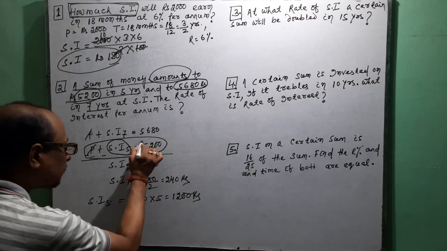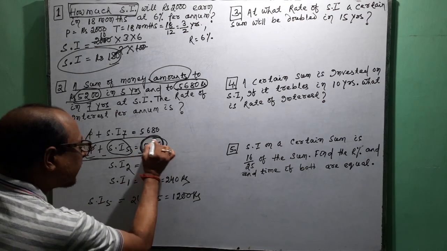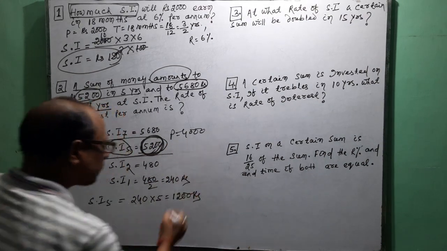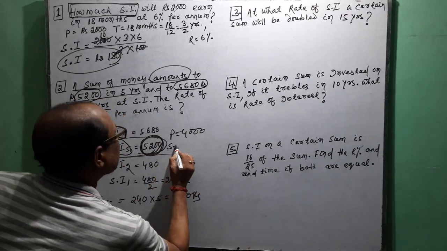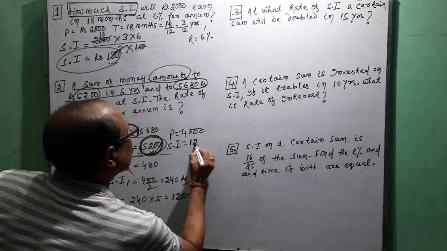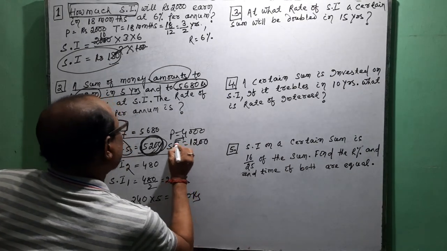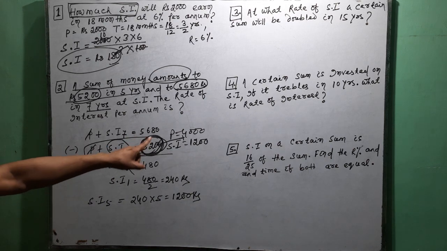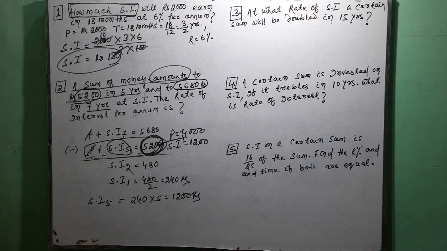Then in 5,200, the principal is 4,000 and SI is 1,200 rupees. This plus is 5,200 rupees in 5 years. So here the principal is 4,000.